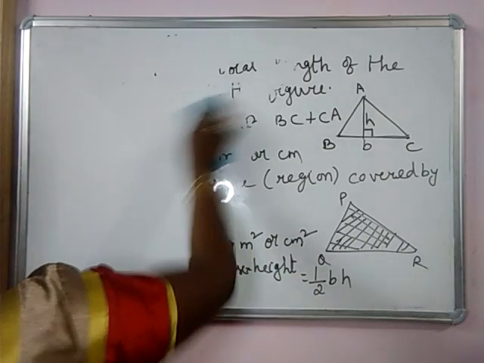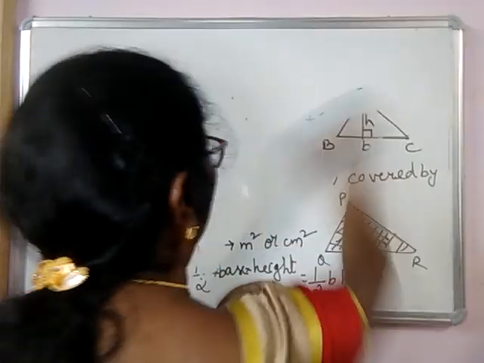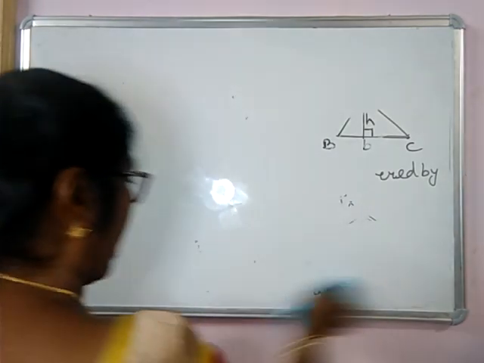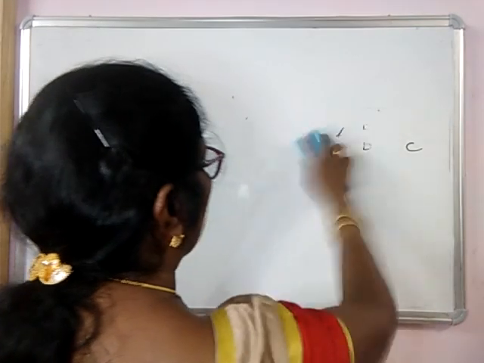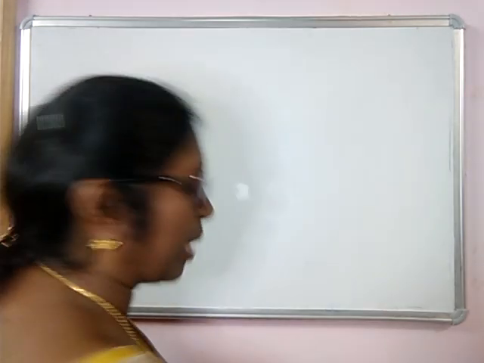You have got scalene triangle, equilateral triangle, isosceles triangle, right angled triangle, and so on. As per the sides, scalene, isosceles, equilateral, and one more, right angle triangle. How to find the areas? Let me explain.